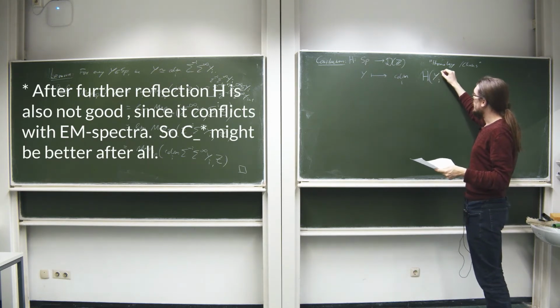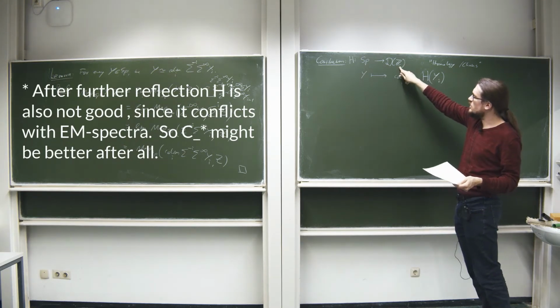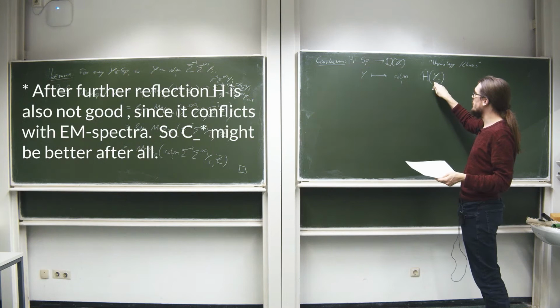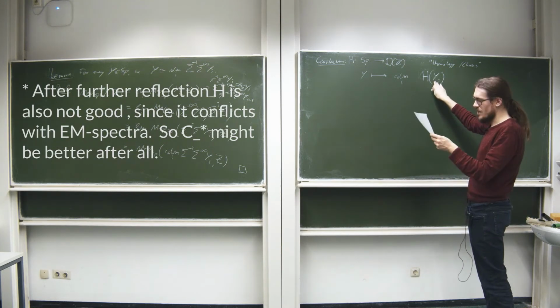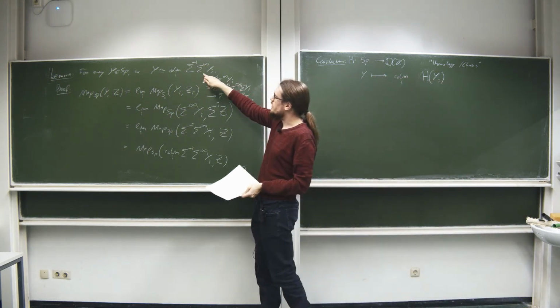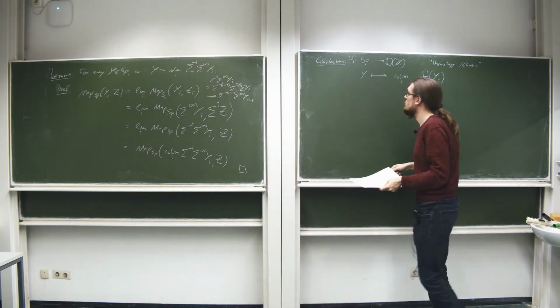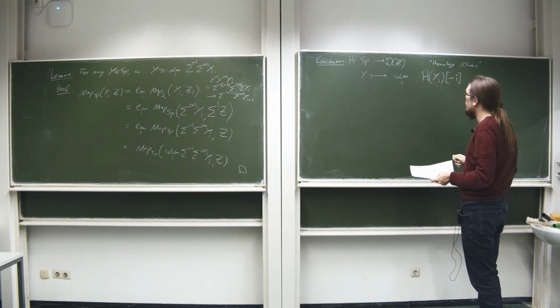So HY is just going to be the complex I get from the singular chains with Z coefficients of the space Y_i. And then I have this diagram here with this negative shift. So I can just shift this down by i.